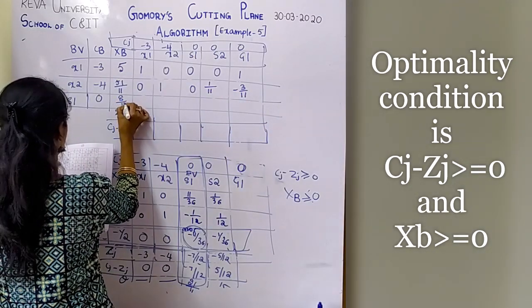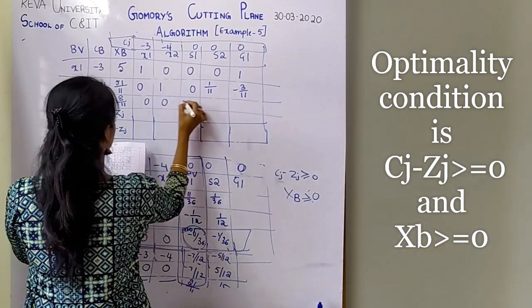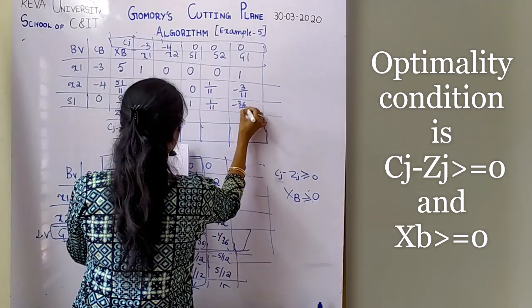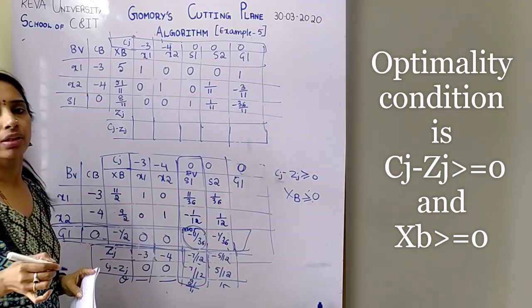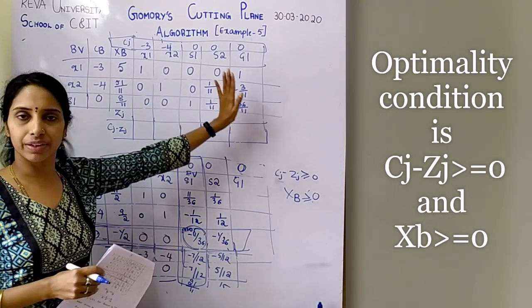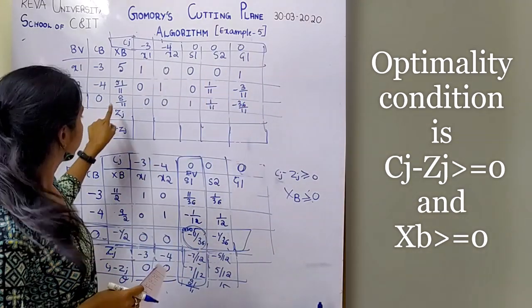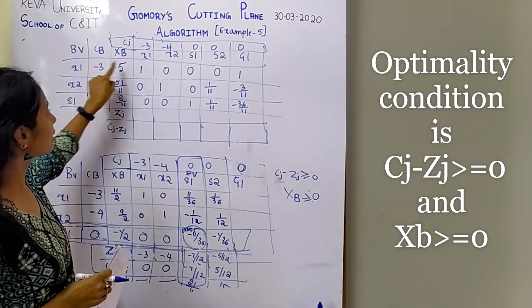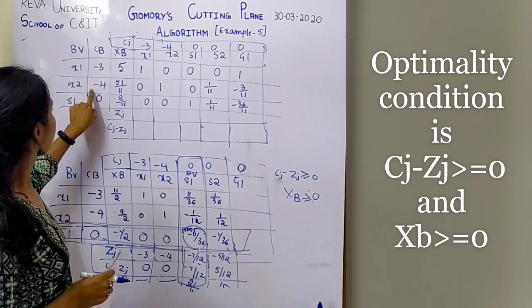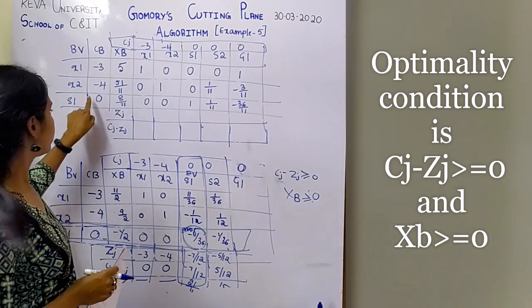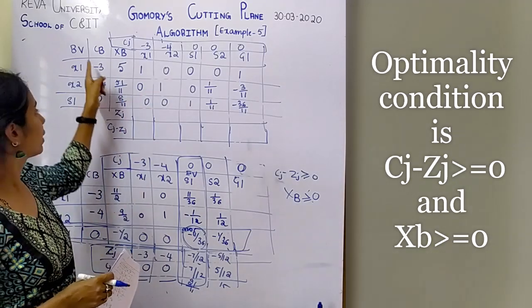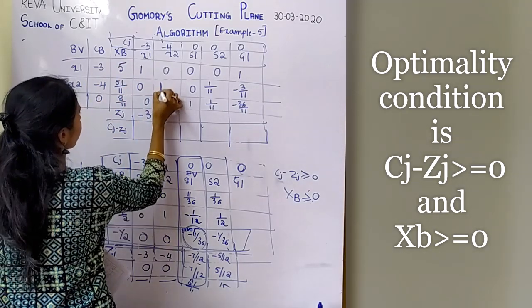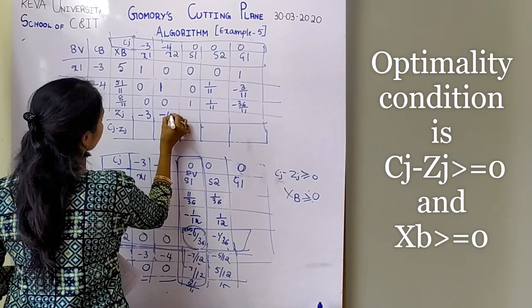So here 8 by 11, 0, 0, 1, 1 by 11, minus 36 by 11. So once these tables are filled, what is your next task? Find out Zj value. Zj value is equal to -3 into 1 plus 4 into 0 plus 0 into 0. So you will get here -3. Similarly, you have 1 here -4.